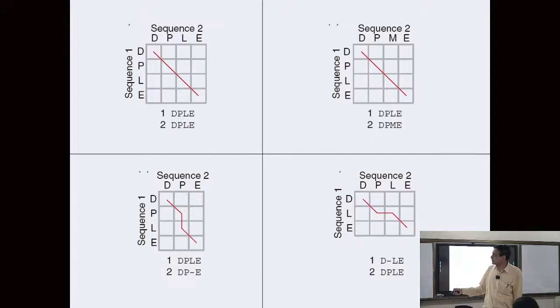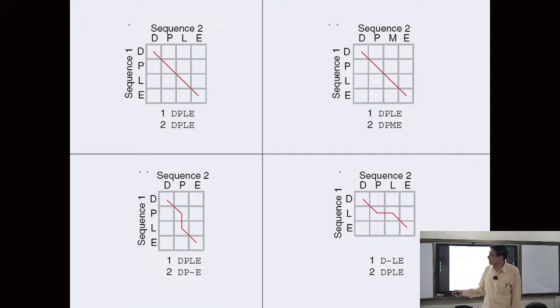So you may be tempted to put a gap for L in sequence 1 aligned with a gap in sequence 2, and then E aligned to E.